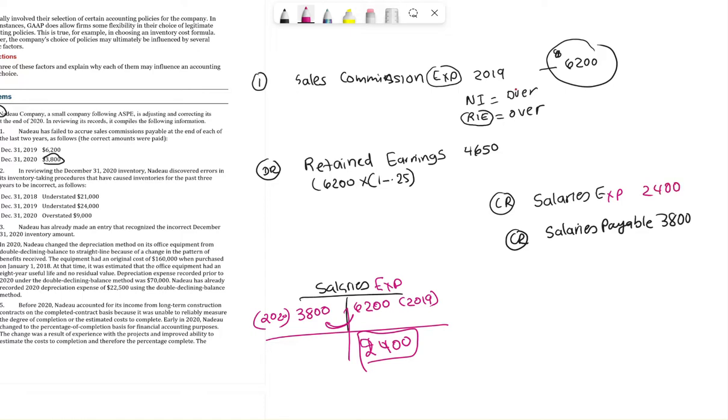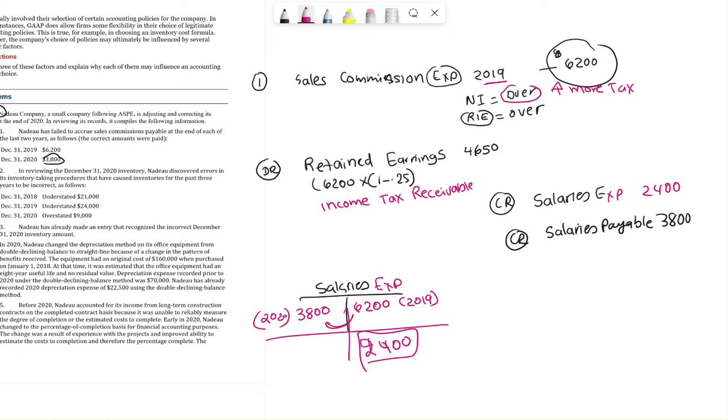Now if my income was over in 19, we paid more taxes to the government. So if we paid more taxes, since it's going to be the previous year, we're going to be receiving money from the government. So in this case, it is an income tax receivable. It's not a deferred tax because it does not relate to any reversing difference.